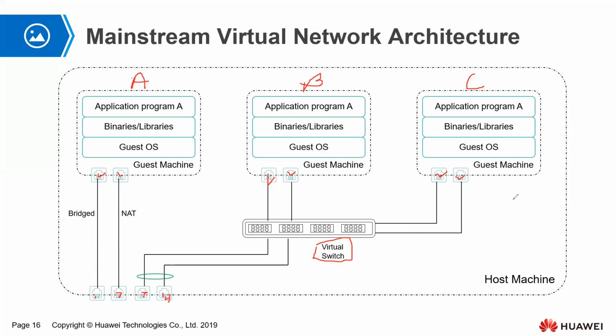Virtual machines are bound to the physical NICs using either bridged mode or NAT mode. In large-scale corporate virtualization, virtual machines are connected to the physical NIC using virtual switches, the one that we are seeing here.